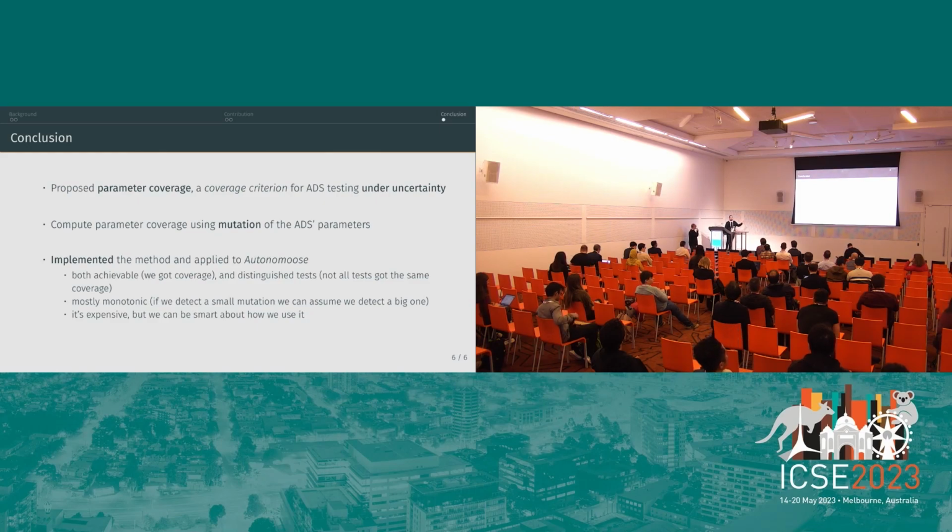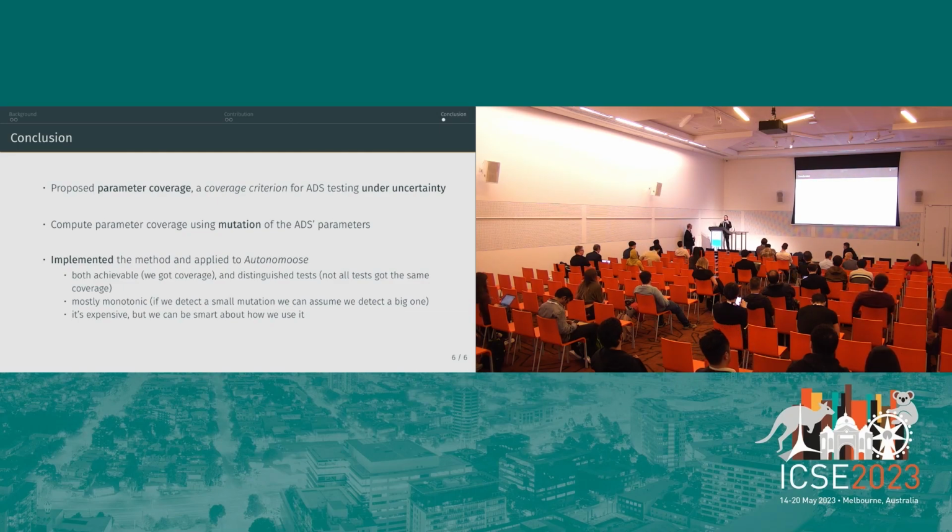So, why is it expensive? It's expensive mutation analysis. You create mutants of your system, you have to run your tests against your mutants. Tests take a long time to run. Mutation is expensive, you can't really get around that. But as I said, it's mostly monotonic. So if I detect a small mutant, most of the time I detect the big mutant.